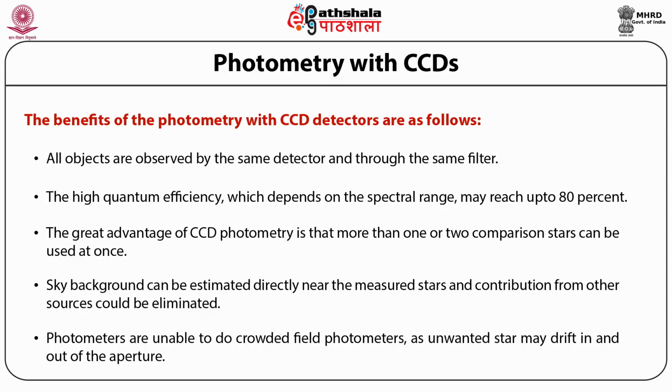Photometers are unable to do crowded field photometry as unwanted stars may drift in and out of the aperture. Also, the comparison stars must be chosen ahead of time and cannot be easily changed during the night. With CCDs, this is not a problem as the entire field of view is saved.